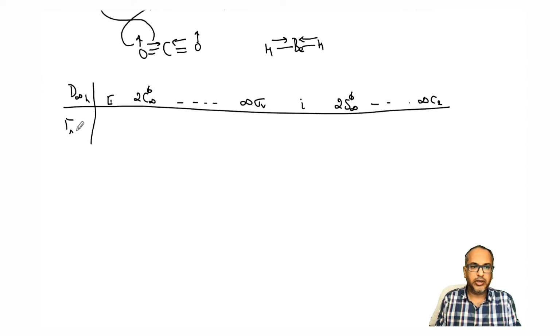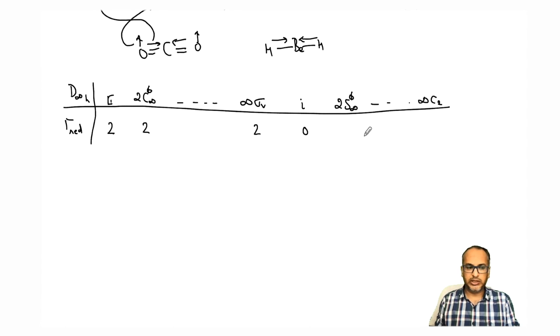So this is Γ reducible using these arrows as the basis. Under E these arrows would not change. Under C∞ also these arrows would not change. Under σv, the arrows would not change. Under i, both the arrows will change. So 2, 2, 0, 0.